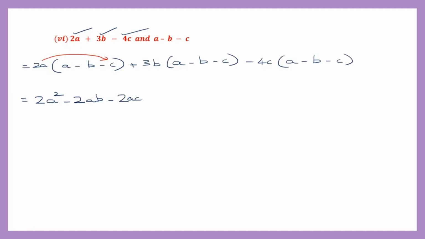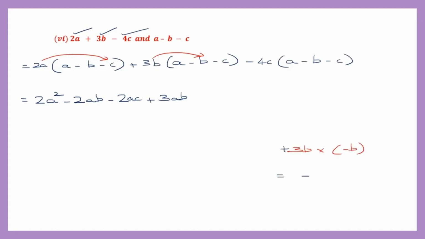Now let's go to the next part. Here we have 3b into a. The sign is plus, the number is 3, b into a is ba or ab. So that is over. Let's multiply 3b into minus b. Here the sign is plus and there it's minus.